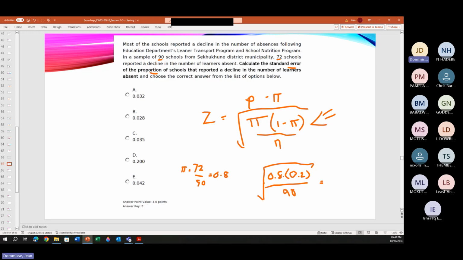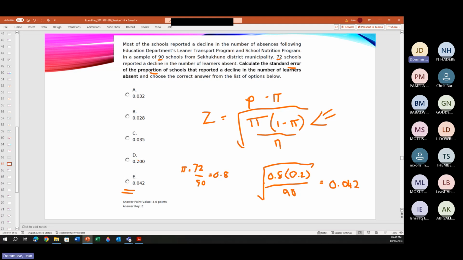Okay, so 0.8 times 0.2 divided by 90, and the square root of that gives me 0.042. Okay, cool. So there it is. If I said 0.8 times 0.2 divided by 90, luckily there's not an answer for me, because that would have been 0.002.